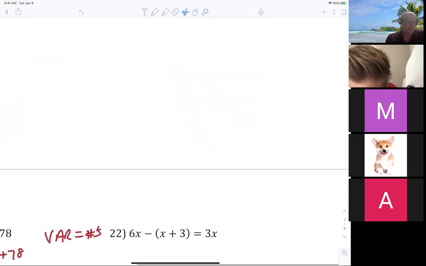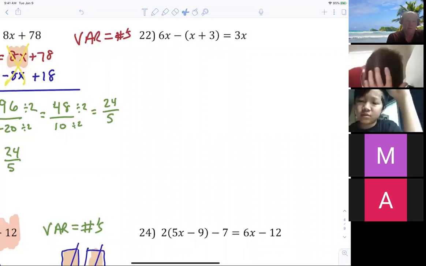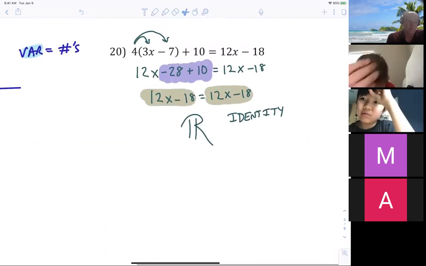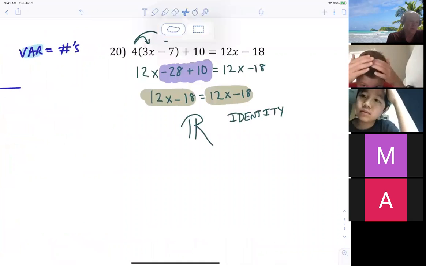All right, here we go. All right, let's look at 22 now. All right. I don't understand number 20 because like when you, why did we move everything around? So what I want to do, Harrison, I want to look at this right here.